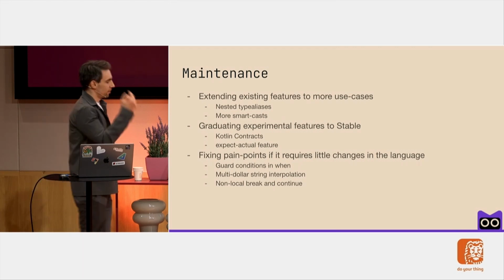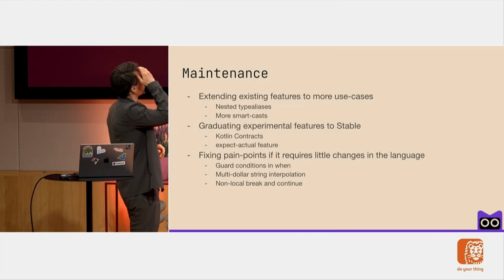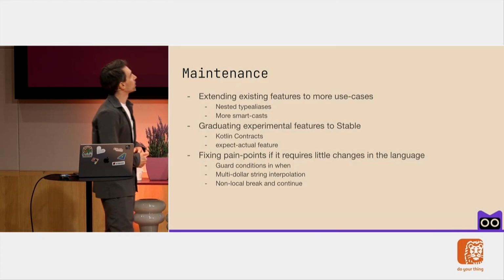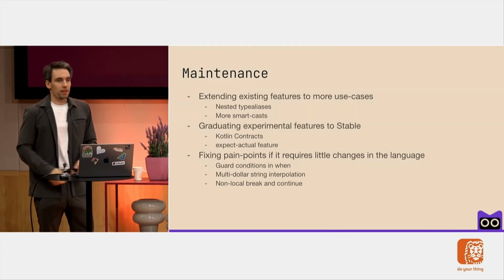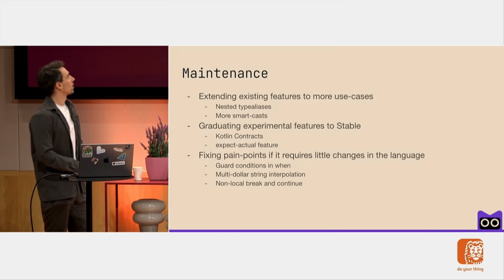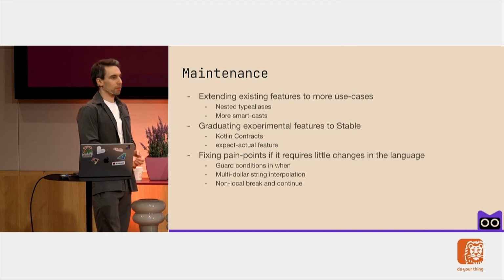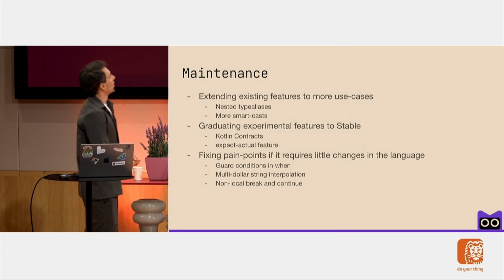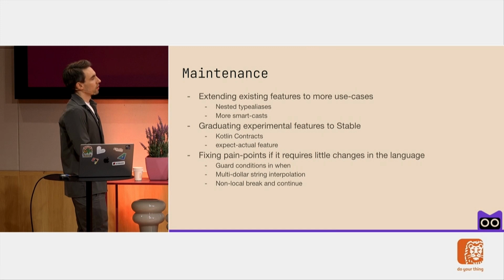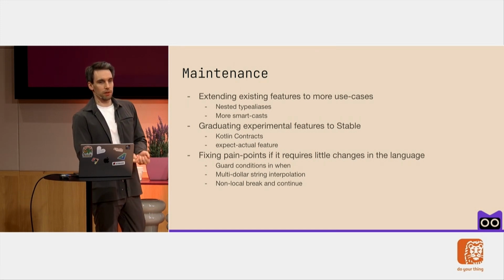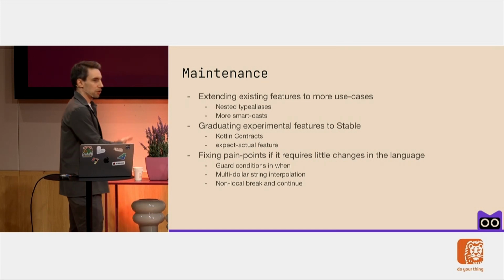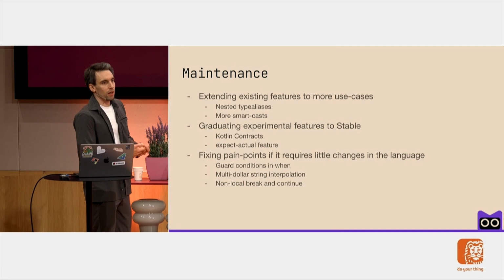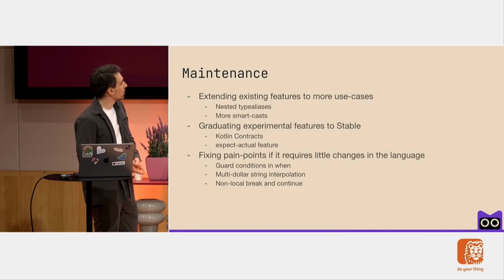So again, maintenance is mostly about extending existing features to more use cases. It's introducing more smart casts, closing some gaps for existing features like nested type aliases. It's also about graduating experimental features that we have today in the language, like the expect actual feature that is in beta and has a few limitations.